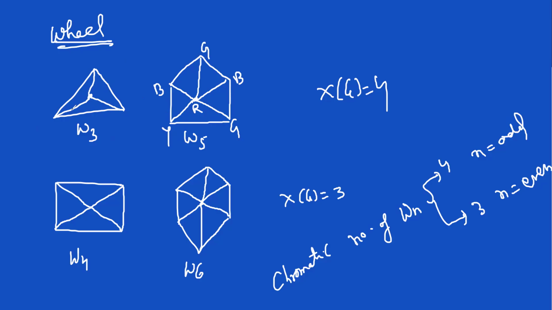Understood? So you have to remember these points. Yes, yes. It will consider W3, not W4. W4 means what? C4 will be W4 when an internal node is added in C4.